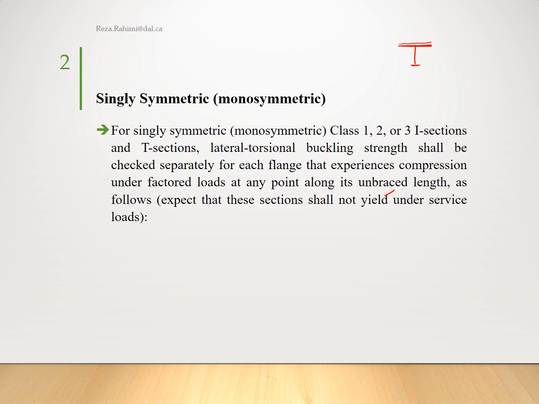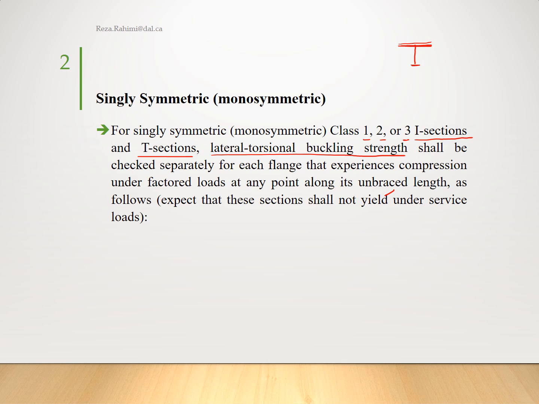For singly symmetric members, for class 1, 2, or 3 I sections and T sections, lateral torsional buckling strength shall be checked separately for each flange that experiences compression under factored load at any point along its unbraced length.